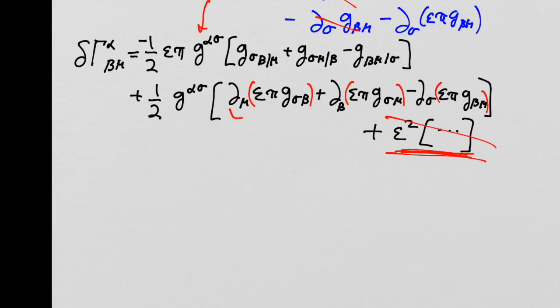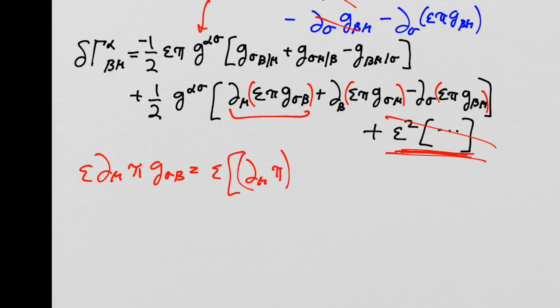So for example, this term here, epsilon partial mu pi g sigma beta is going to be epsilon times partial mu of pi multiplied by g sigma beta plus pi times partial mu of g sigma beta, where I'm using again the mixed derivative form.